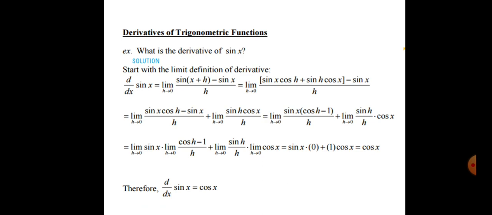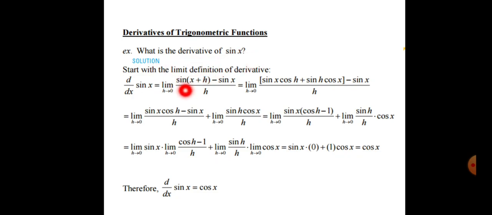Another example. Find the derivative of sine x. If f of x is sine x, now find its derivative. d/dx means the derivative of sine x. So write the rule: f of x plus h minus f of x over h. f of x plus h here is sine of x plus h.